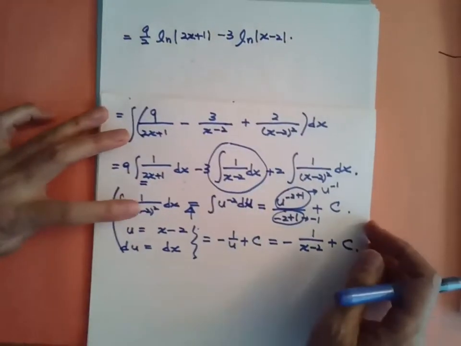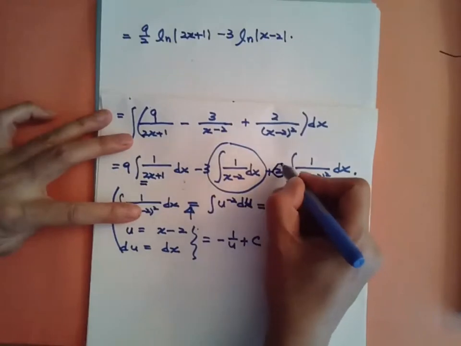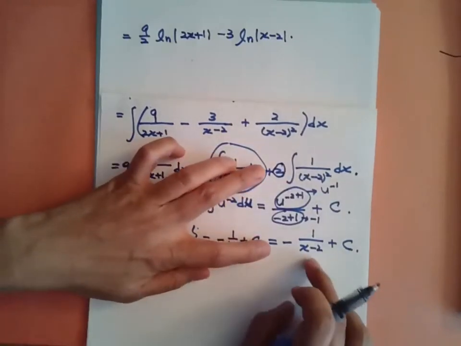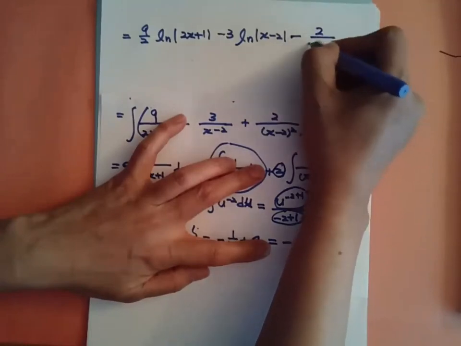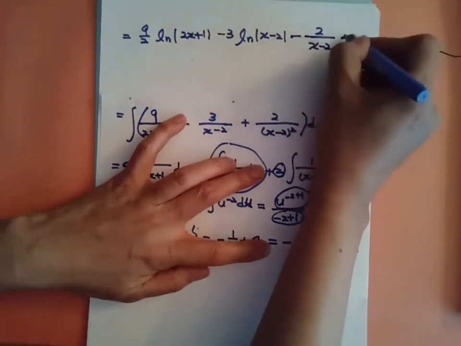And then there was 2, and we multiply by this fraction, so it becomes minus 2 over x minus 2 plus c.